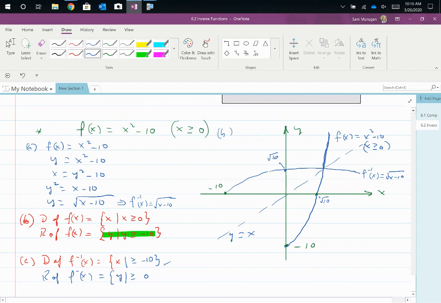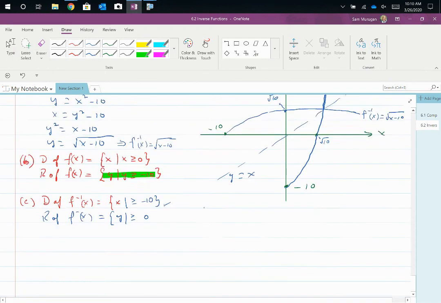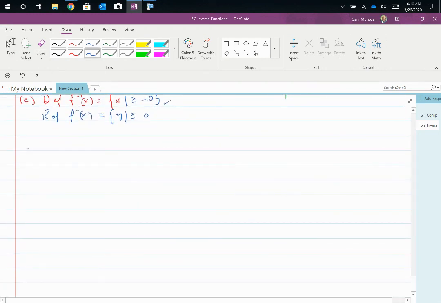All right. Now, I wanted to touch one final example for you here. And this is f of x is equal to x cubed minus 10. So this is the cube function down 10 places. And we're going to first find the inverse.